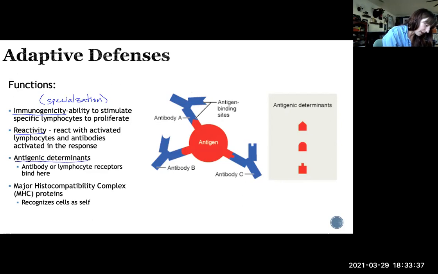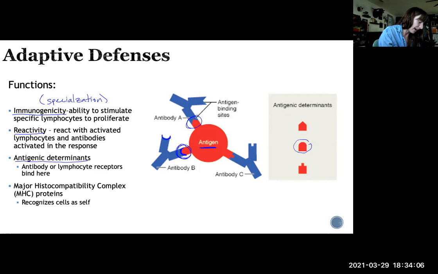So antigenic determinants are going to be the receptors that a particular antibody has, which is able to attach to one specific antigen. Okay, so this is again kind of the specialization. Like this antibody can only talk to an antigen with this antigenic determinant.